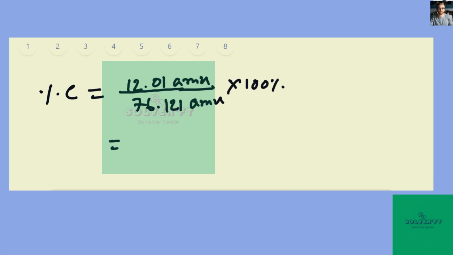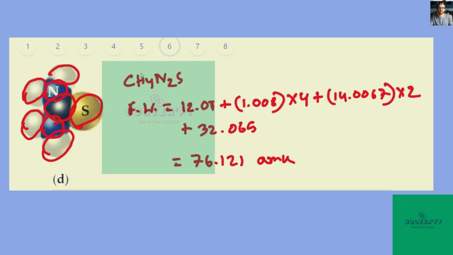It will give us 15.77%. So this is the mass percentage of carbon in the compound represented here.